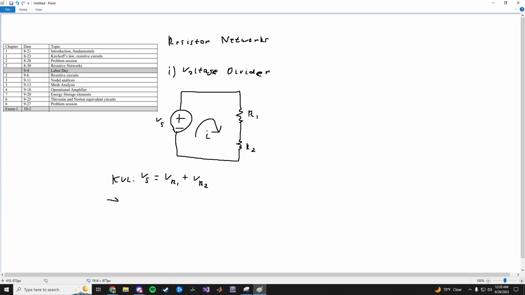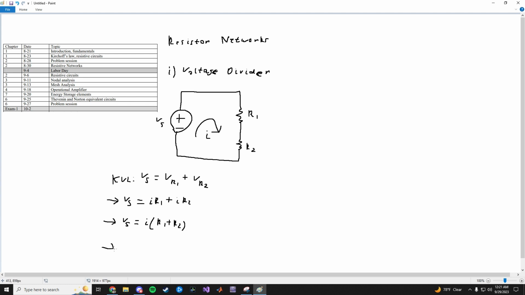By Ohm's law, V is equal to I times R, so VS equals I times R1 plus I times R2. We can factor out the I, so VS equals I times (R1 plus R2).